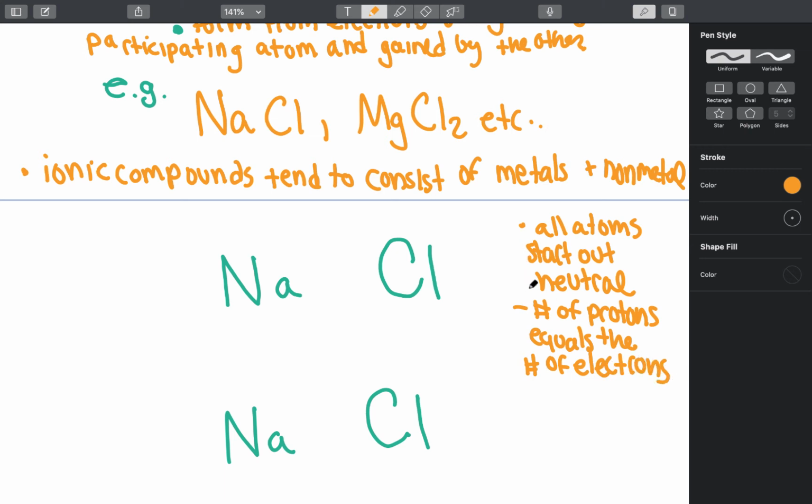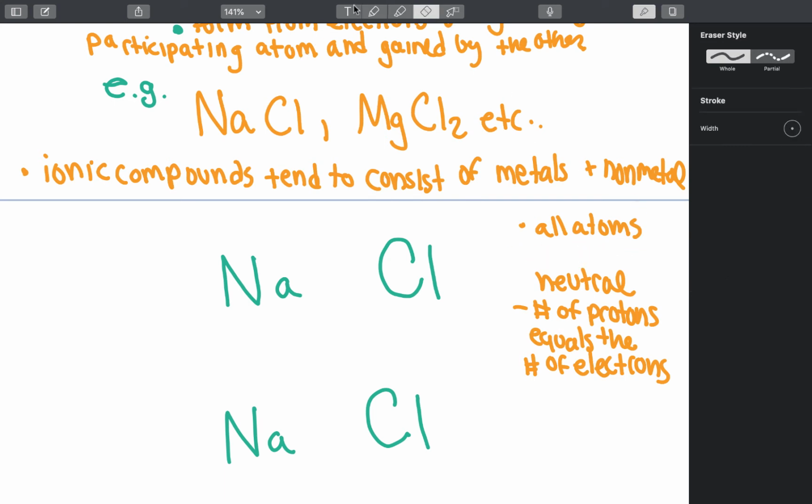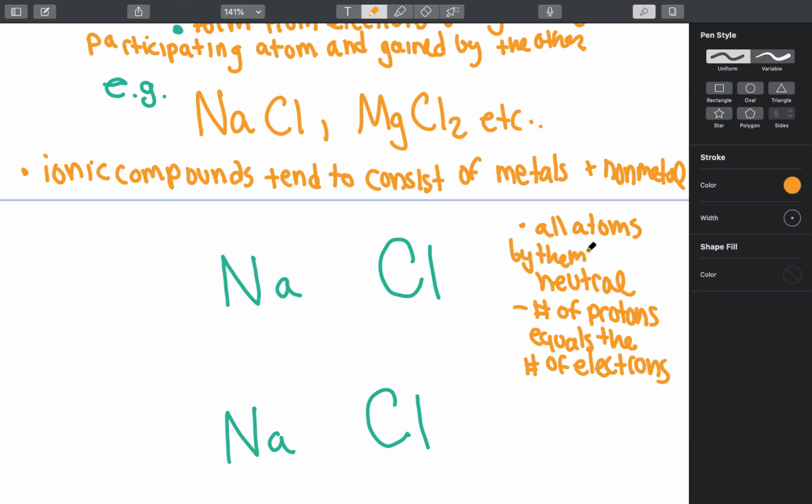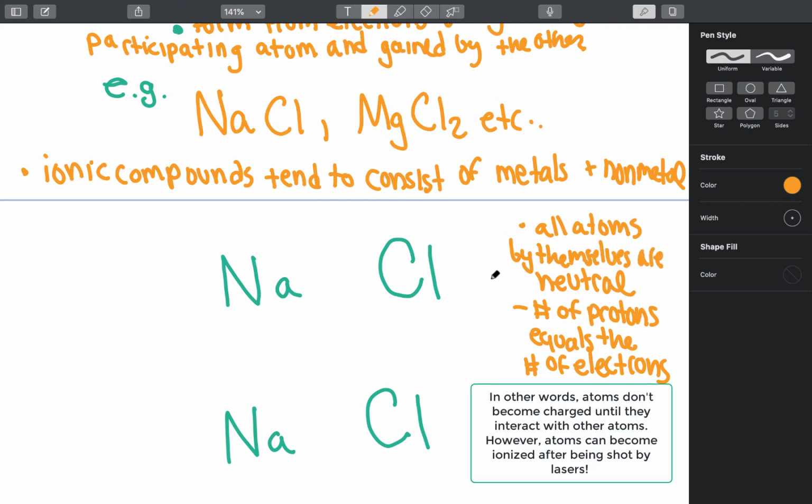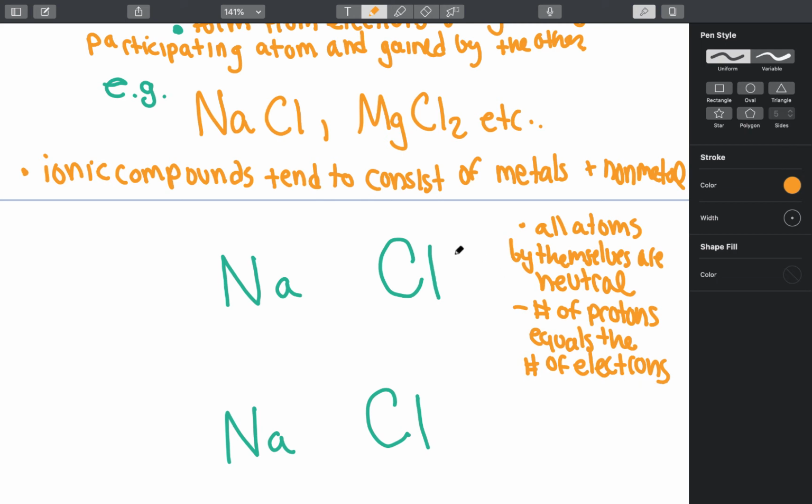So all atoms expressed on the periodic table are neutral. All atoms by themselves are neutral. In other words, every atom that you see on the periodic table, when it's not involved in a compound, will be neutral.